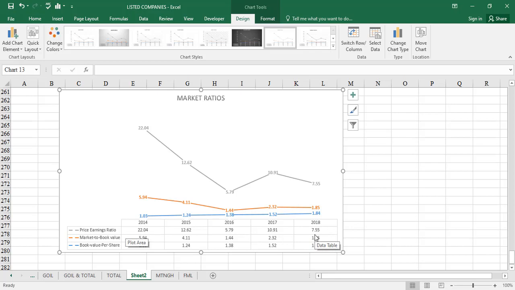Like I explained, the PE ratio shows how much investors are willing to pay for the company's earnings. We can see that it has been on the decline, with the lowest being 2016, where the PE ratio stood at 5.79, and then in 2018 it is 7.55.